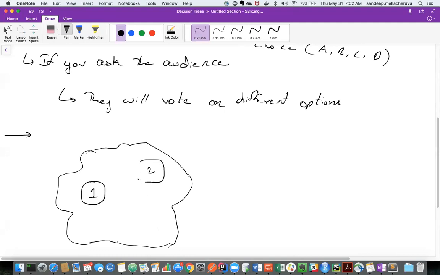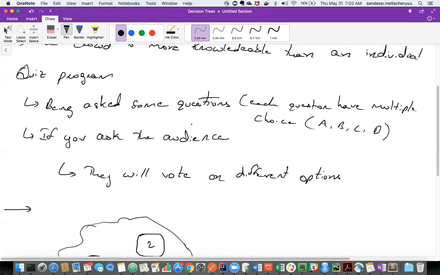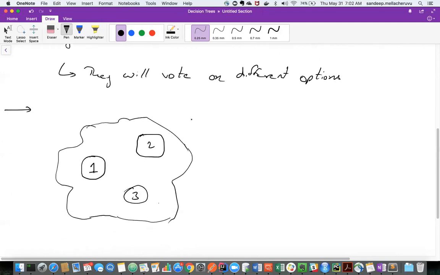Now the question is, if these are the circles, or the areas of ignorance for each of these persons, and we did a voting on these 3 persons about the question that is asked in the quiz program, what would happen? Let's say there is a question here.